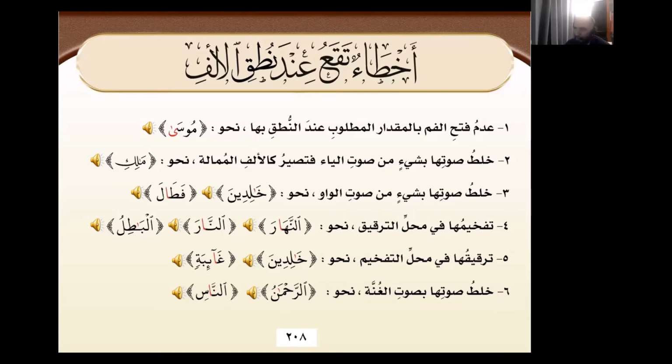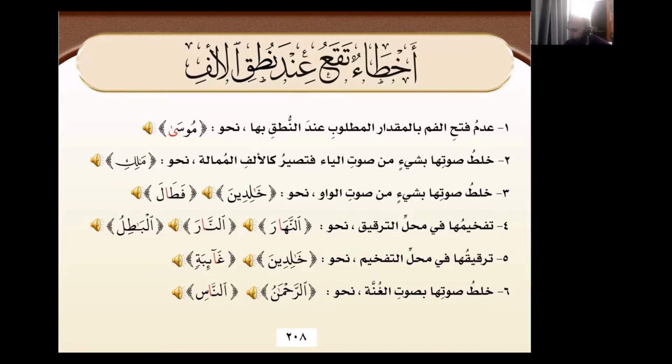I did explain each mistake, 1, 2, 3, 4, 5, 6, but we were not able to hear the sounds from the actual Sheikh, Dr. Ayman Suwayd, one of the pioneers of Tajweed nowadays. He's famously known for his accuracy and his demand as well. He really is very demanding when it comes to reciting the Quran. He will not let a tiny mistake go without picking it up.